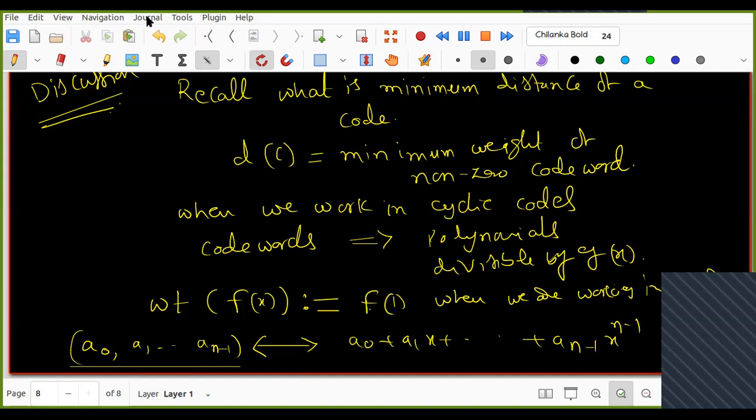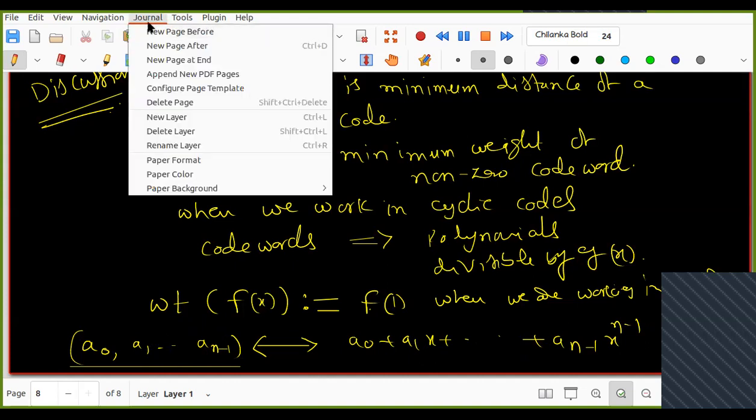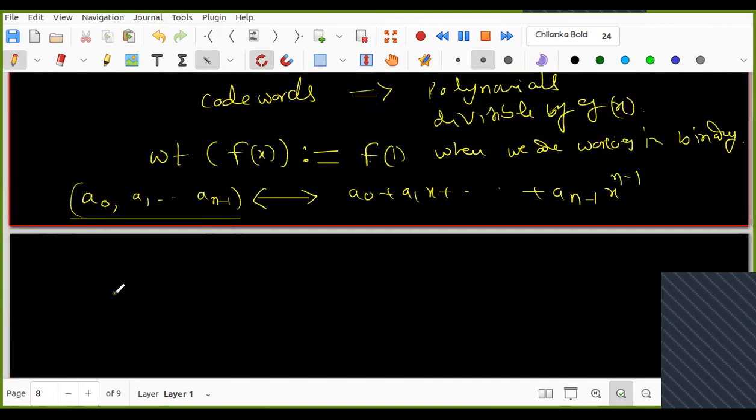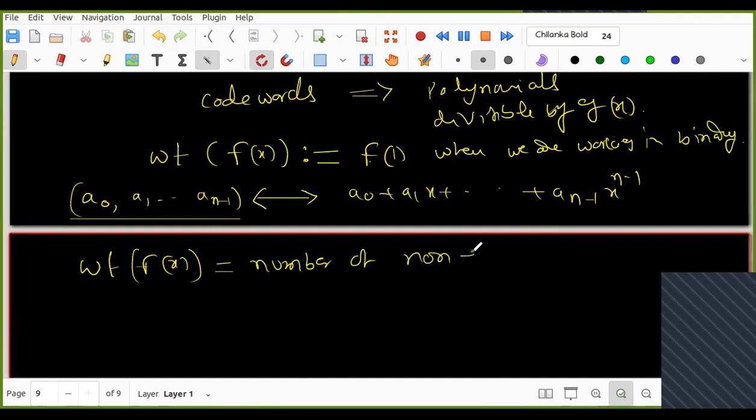But if I work in any field, what is generally the weight of f(x)? The weight of f(x) is simply the number of non-zero coefficients. But luckily, when you are in binary, that comes directly from f(1).